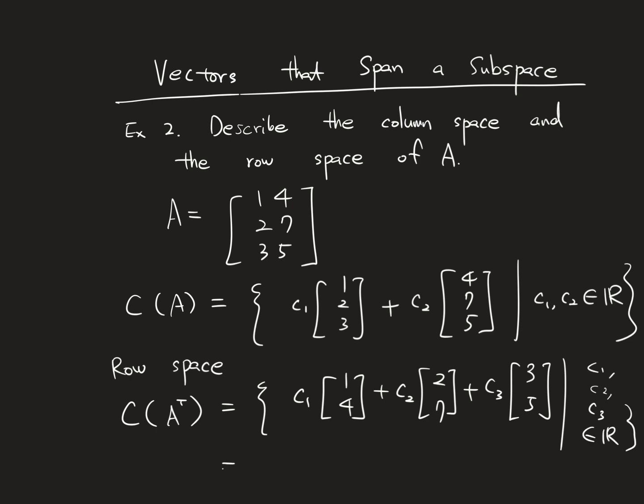Actually, this is all of R2, because (1, 4) and (2, 7) are linearly independent since they're not in the same direction. So actually the last row, (3, 5), is not necessary to span the space, R2.